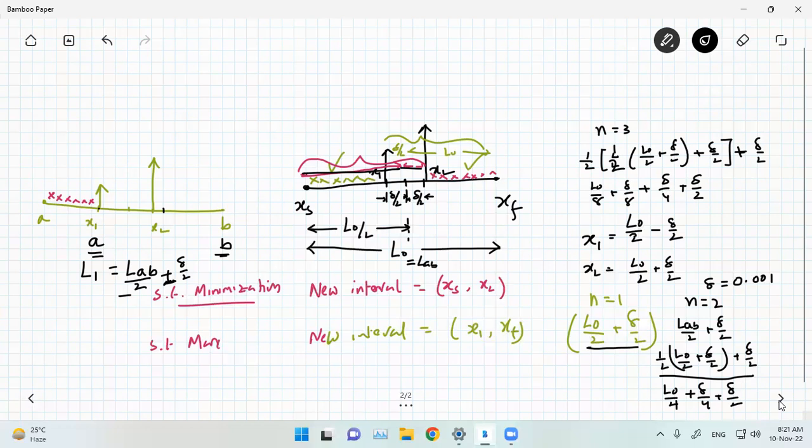So can I say that we can write it in this way: L0 over 2 to the power 3, plus del over 2 to the power 3, plus del over 2 to the power 2, plus del over 2 to the power 1.